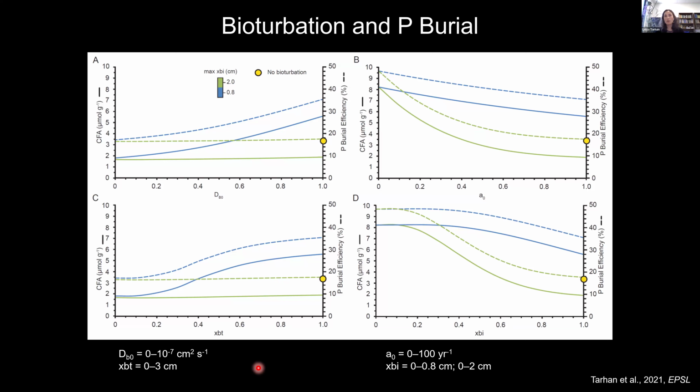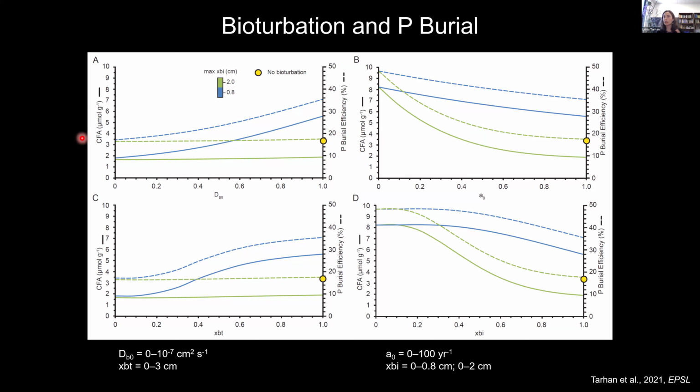And the dashed lines correspond to total phosphorus burial efficiency, or the balance between inputs of phosphorus to the system and outputs in our variety of burial terms, including CFA, but also organic bound phosphorus and iron oxide sorbed phosphorus. And I'm showing you each of these so that you can see that changes in total phosphorus burial efficiency do in fact closely follow and are driven by changes in CFA.